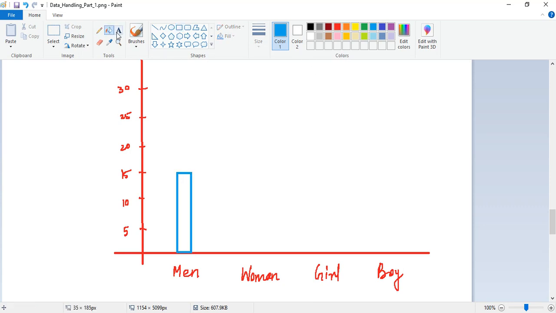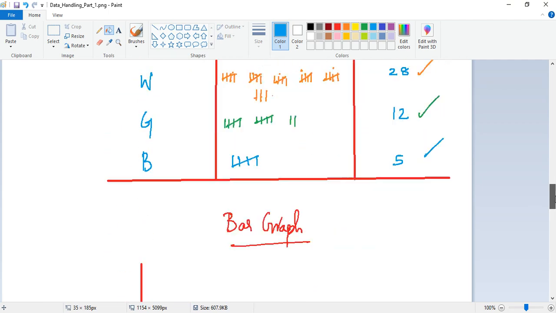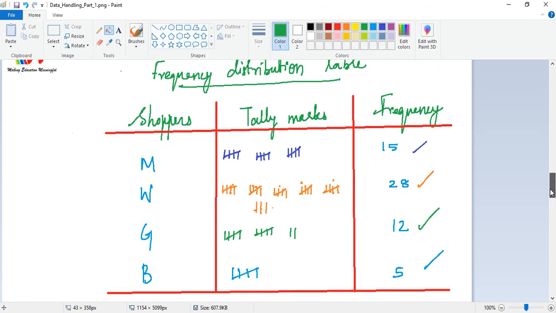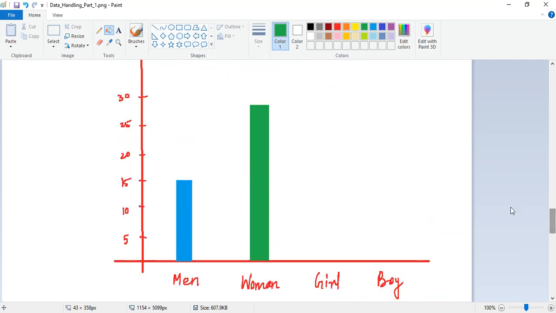Okay. Next, then I have woman is 28. Women 28 is going to be somewhere over here. Let us say 28. Something like this. And you can always fill in. Okay. And then girl. Girl is how much? Girl is 12. So let's take a different color. 12 is somewhere over here.